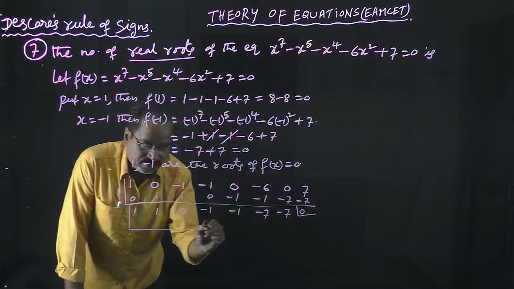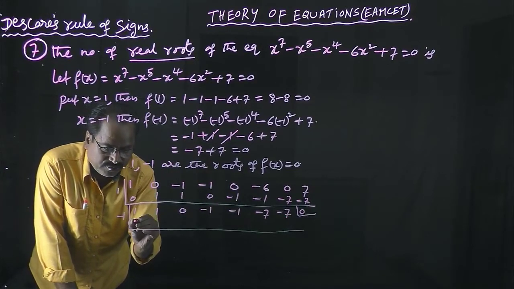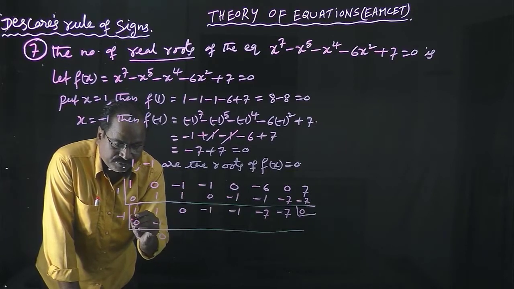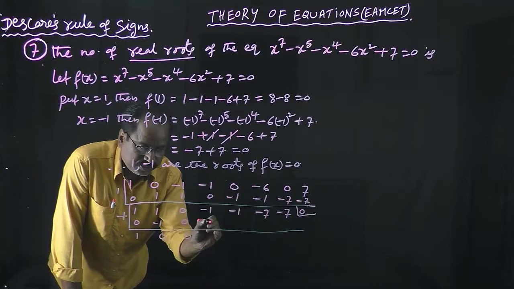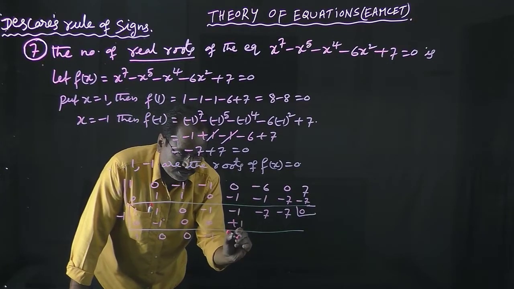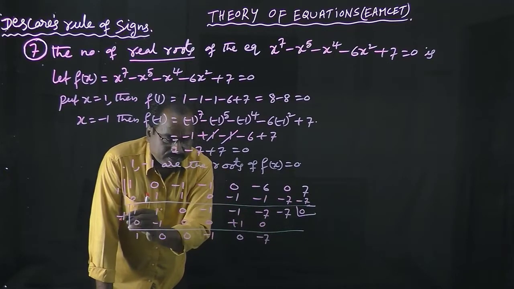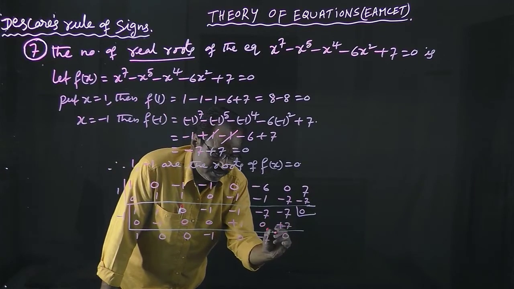Again, x is equal to minus 1 is a root of f of x. 1, minus 1, 0, 0, 0, 0, minus 1, plus 1, 0, 0, minus 7, minus 1 into minus 7, plus 7, that is equal to 0.